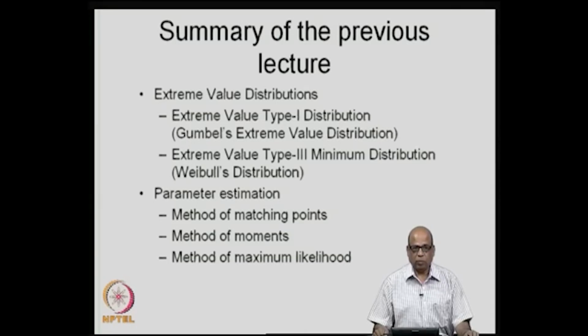So, essentially the principle there is, what is that set of parameters? We are looking for that particular set of parameters that will maximize the likelihood of obtaining the sample x 1, x 2, etc., x n, which has in fact been realized. That is the idea there.